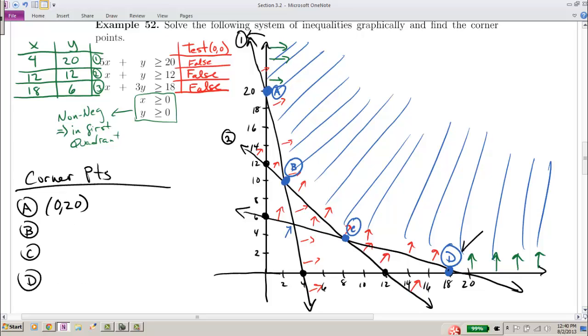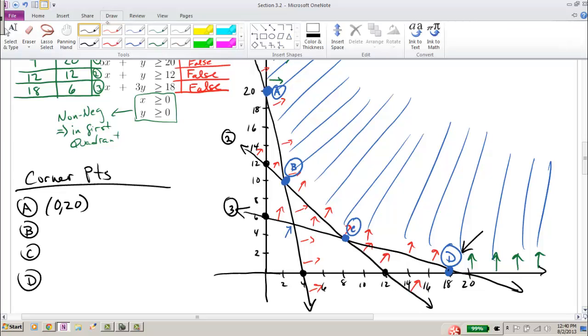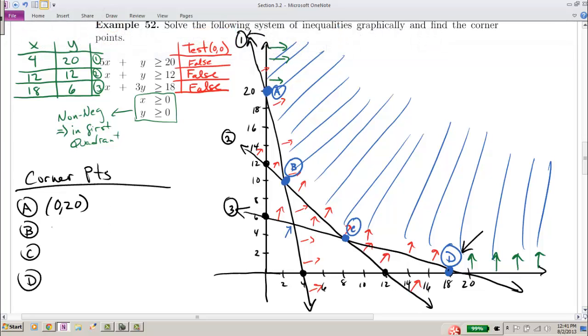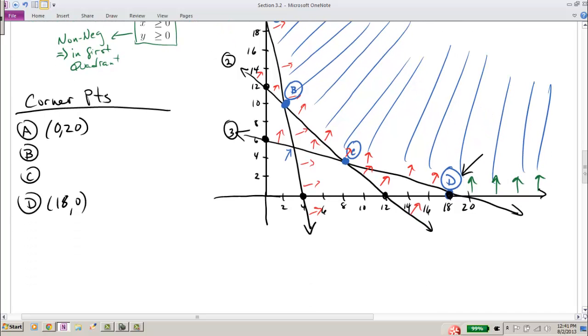And looking at D down here, that's the x-intercept for line number 3. So this is 18, 0, that's D, not B. The only thing left to do is to find the corner points B and C.